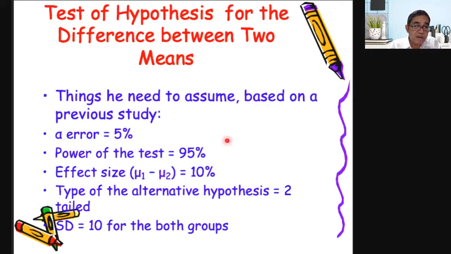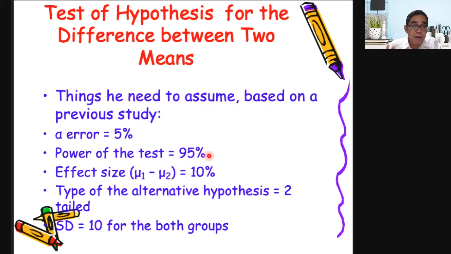And so these are the things that he needs. The power, the alpha error. Normally, the alpha error is decided upon by the researcher. With a very small alpha error, 1%, the larger the sample size. Then the power of the test, again decided upon by the researcher.